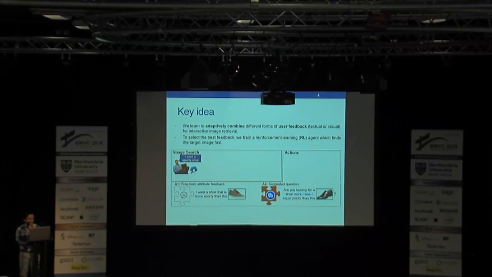Then we have another action, the suggested question, which could be the interaction with the salesman. And then we have the action with the sketch drawing. Let's say that our agent already decided iteration 1 and iteration 2. But at iteration 3, it should decide which action is the most meaningful at this time. The idea is that the agent should use as few iterations as possible, so the target image is found as quickly as possible.